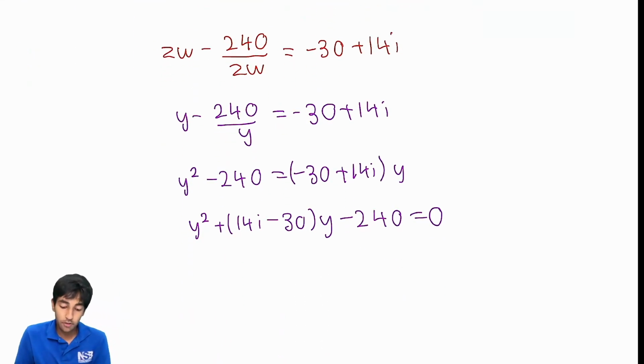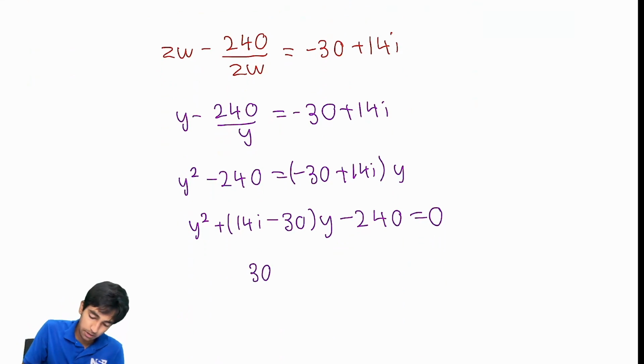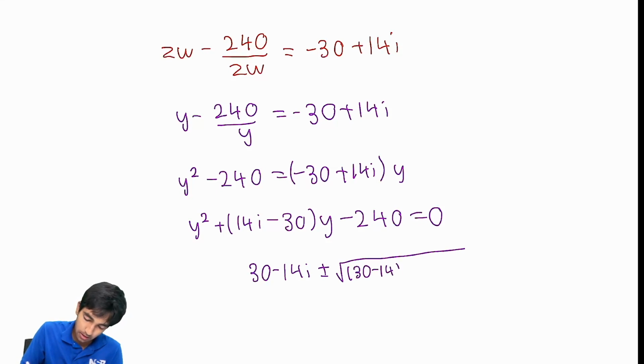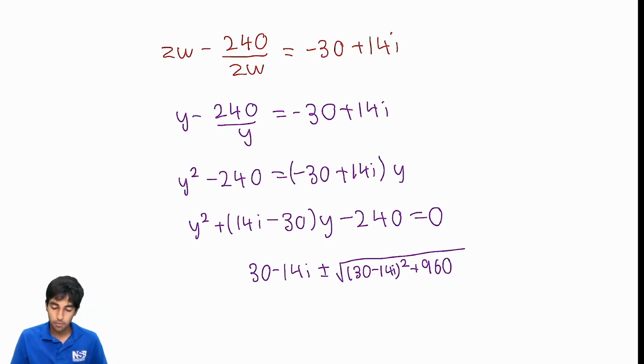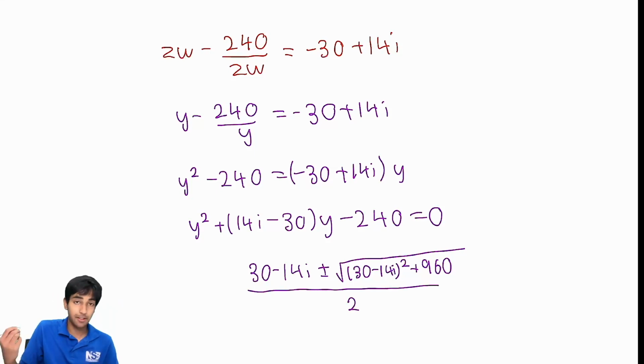And now we just use the quadratic formula. So 30 minus 14i plus or minus the square root of that thingy squared plus 960. Just applying the quadratic formula here. All of this over 2. Let's divide everything by 2.